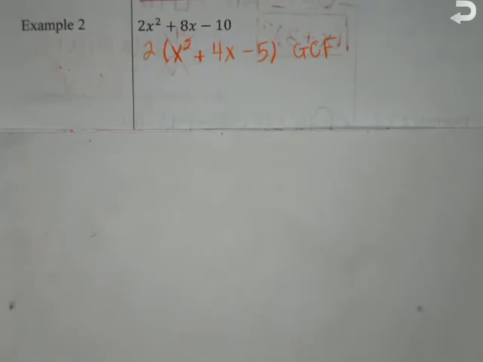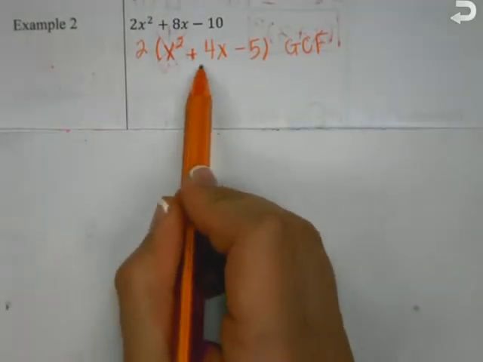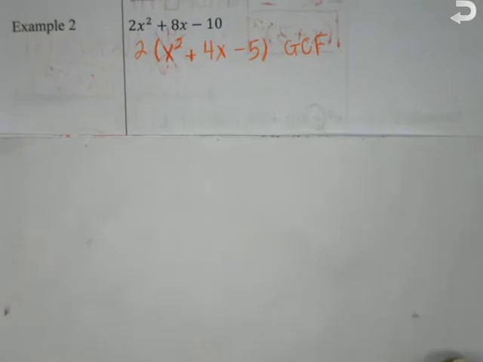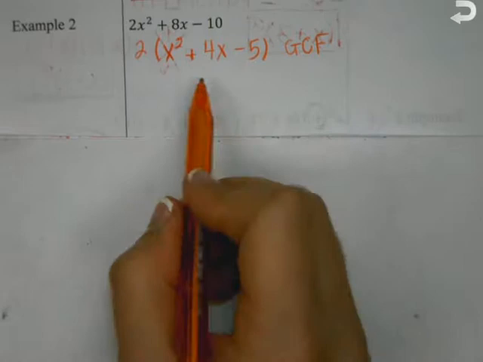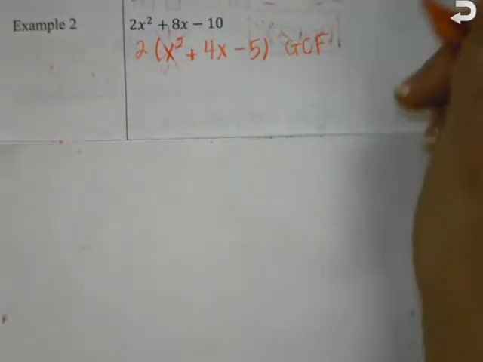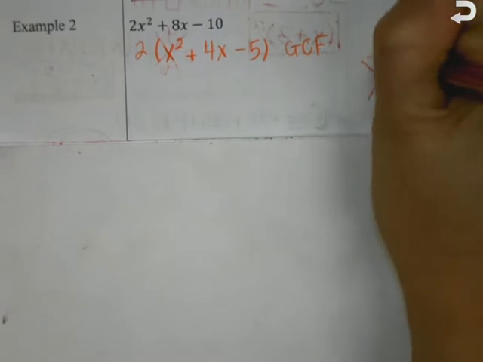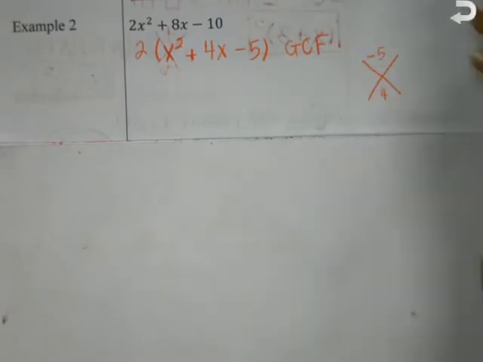Is what's left over a difference of 2 squares? No. So what's the next one I'm going to try? Diamond. Is this a diamond method? Yeah, it is. What are the 2 numbers that multiply to negative 5 and add up to 4? 5 and? 1. Negative 1.